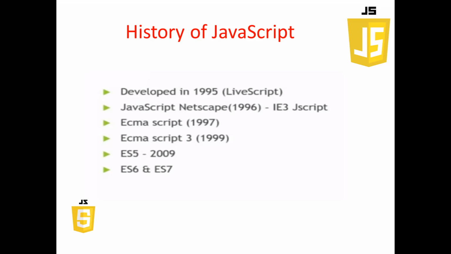We used to say ES, and then in 1999 ECMAScript 3 was introduced. We used to say ES3. In 2009 ES5 was introduced. Now we are running ES6 and ES7. ES is an abbreviation of ECMAScript. Whenever we talk about ES6, ES7, we are talking about the latest versions of JavaScript.